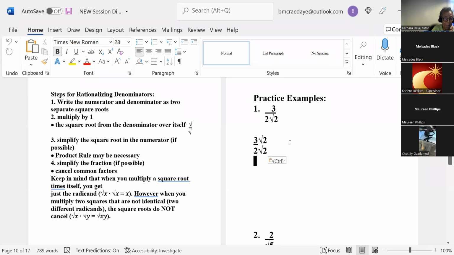And I multiply 3 times square root of 2, and I multiply this also by square root of 2, right? So I'm gonna just put this in parentheses and put the square root of 2 here. So that's really multiplying by 1, right?